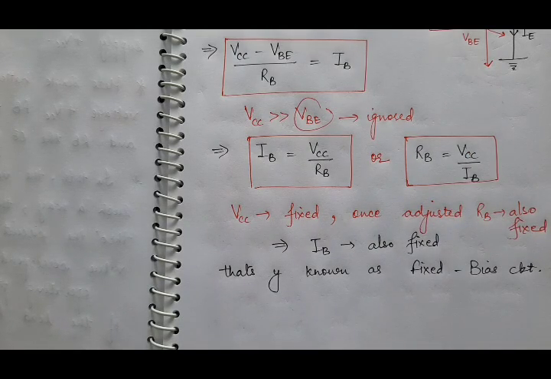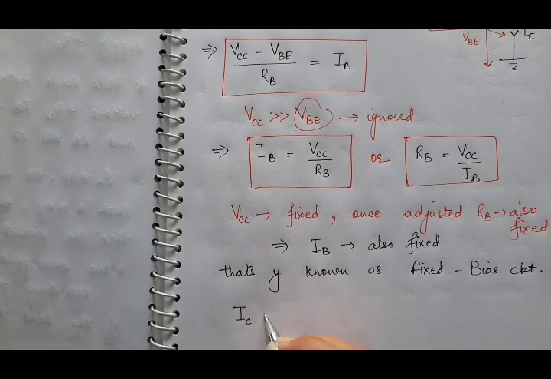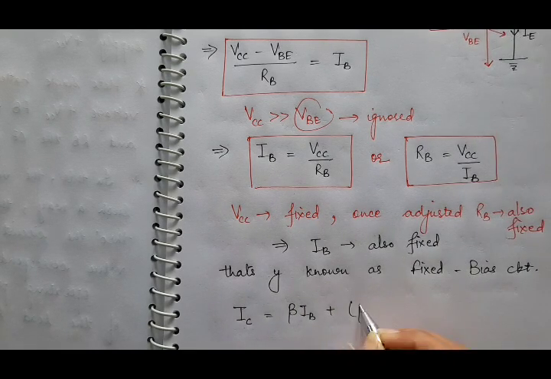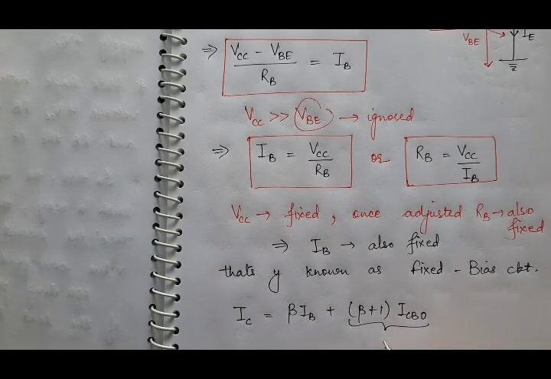So now consider the output circuit. In the output circuit, what is the output current? It is the collector current. And the collector current is given by, we know that in common emitter configuration, this is equal to beta IB plus beta plus 1 ICBO, and this whole factor in common emitter configuration is equal to ICEO.